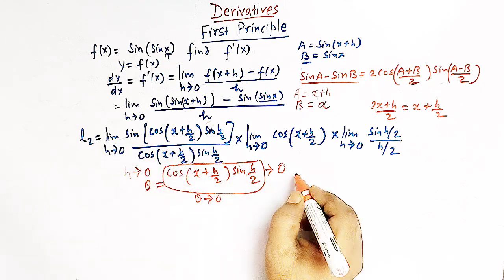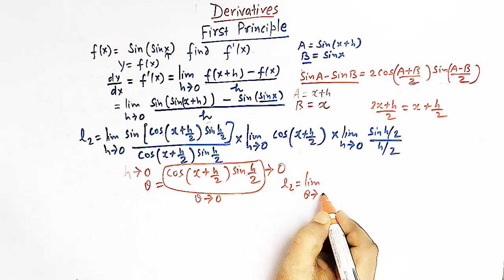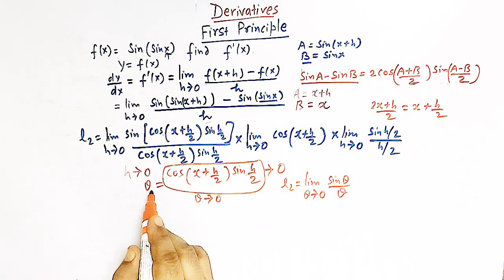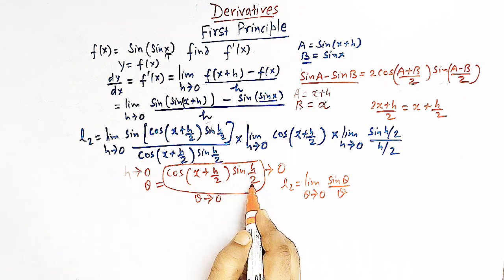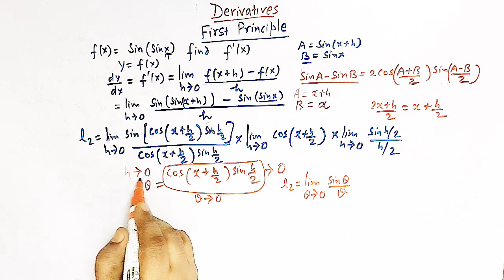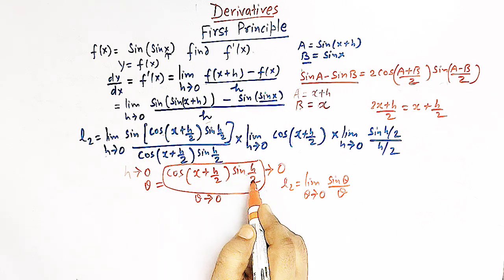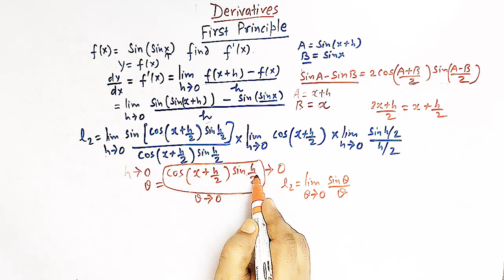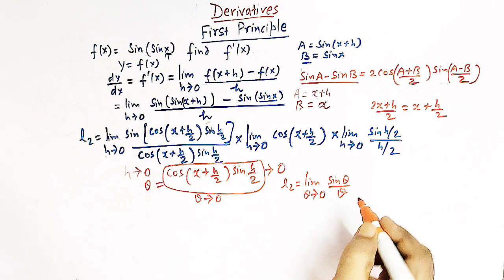So this limit is now equal to limit theta tends to 0 sine theta over theta, where theta is cos(x plus h over 2) sine(h over 2). So when h tends to 0, this term, that is sine(h over 2), tends to 0. So this entire term tends to 0.